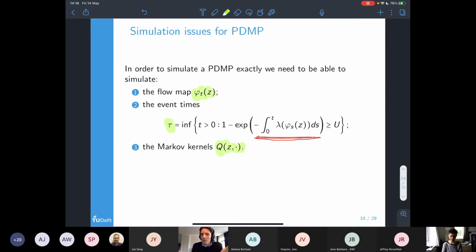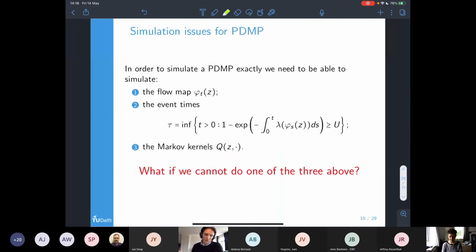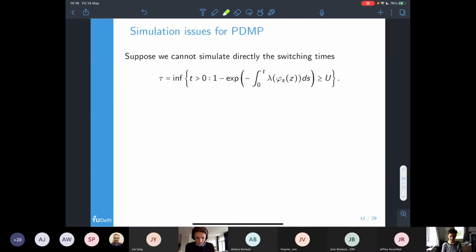The flow map is very difficult to simulate, and the Markov kernel is very easy. So there are different combinations, and it really depends on what we're considering. So the question I would like to try to give an answer to is, what if we cannot do one of the 3 above? What if we can't simulate any of these? What can we do?